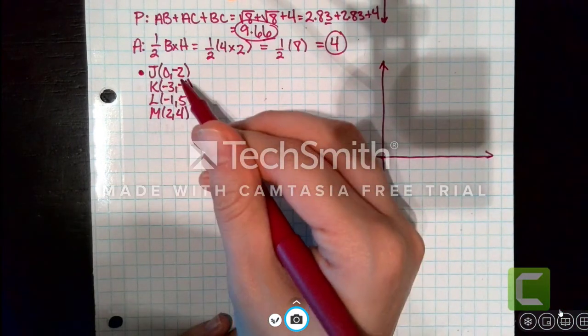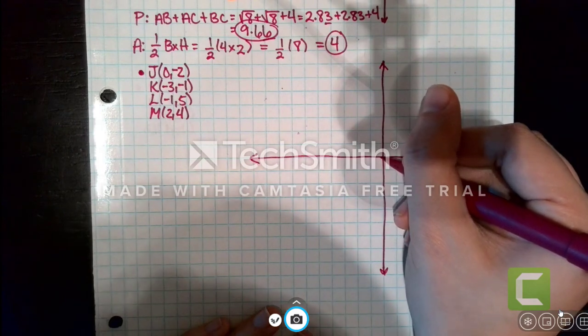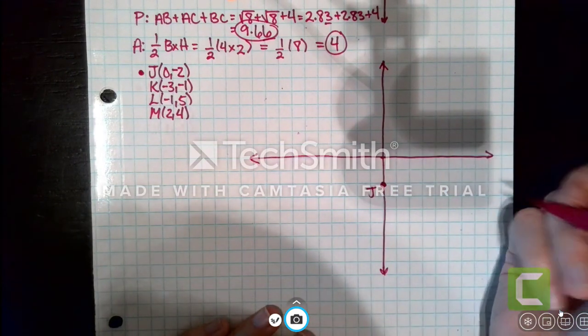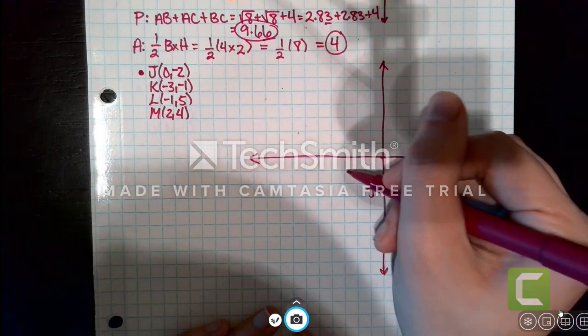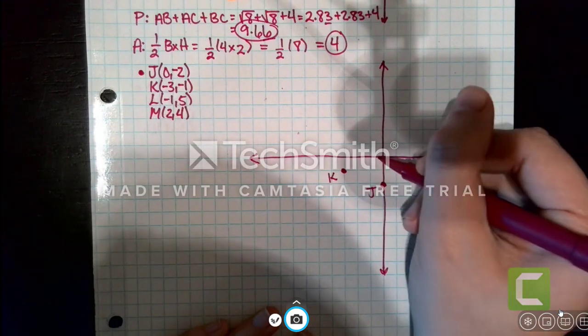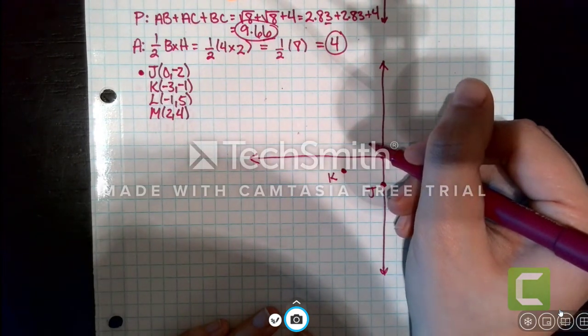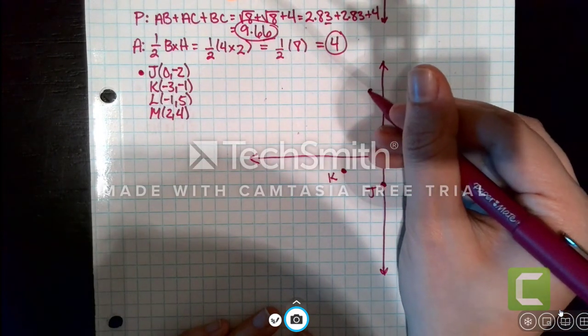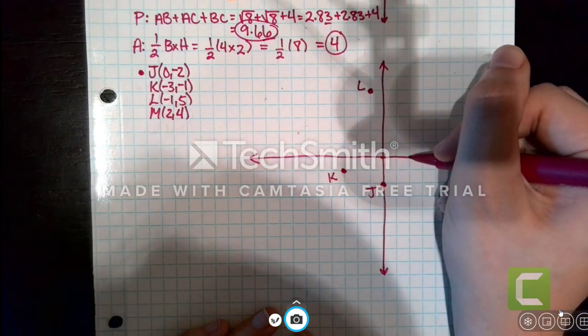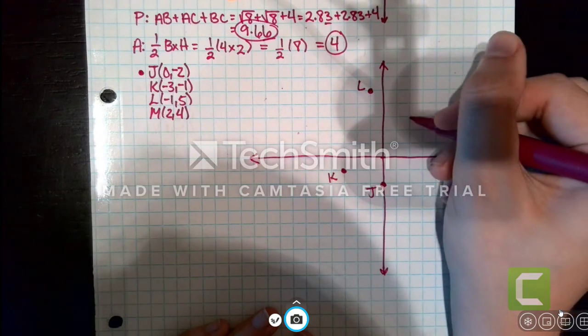So I'll start with J. J is at 0, -2. K is at -3, -1. L is at -1, +5. And M is at 2, 4.